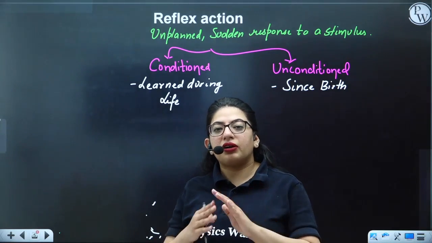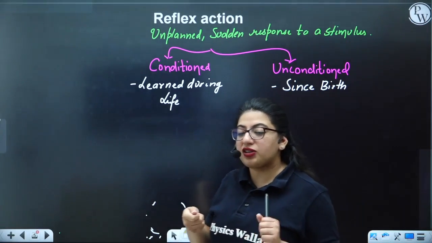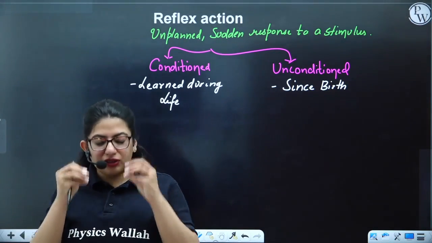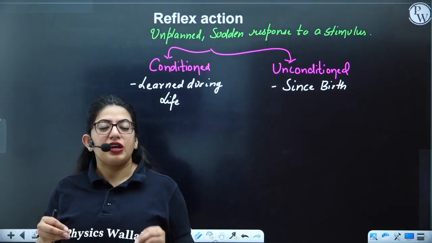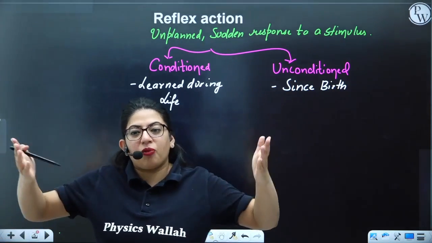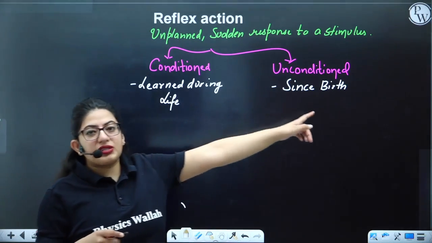Or if I show a torch, or put a harsh light on the eyes of a newborn baby, the eye will get closed. That's also a kind of reflex. That child has not learned it, it's in the body since birth. So that type of reflex action is known as unconditioned.